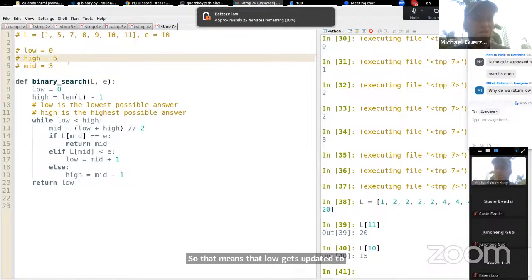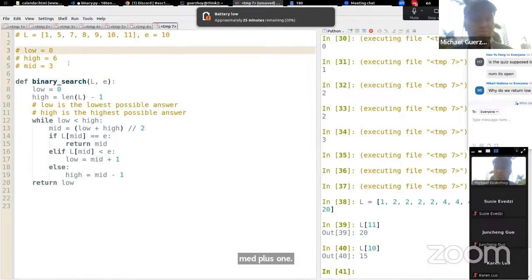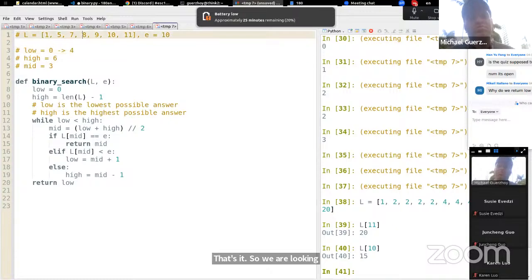So low now becomes 4. That's it. So we are looking in between L at 4 and L at 6.